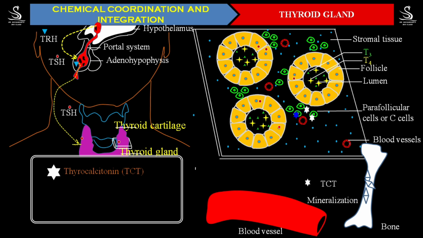This process is called mineralization. It means it will help in deposition of calcium into the bones. Automatically, by that, the blood calcium level decreases. That is the way the TCT plays an important role in our body.